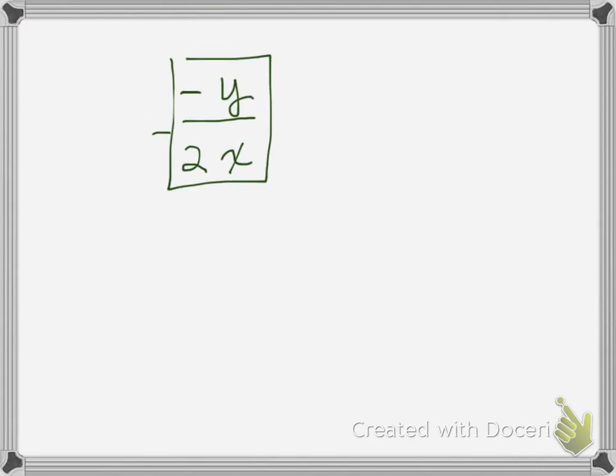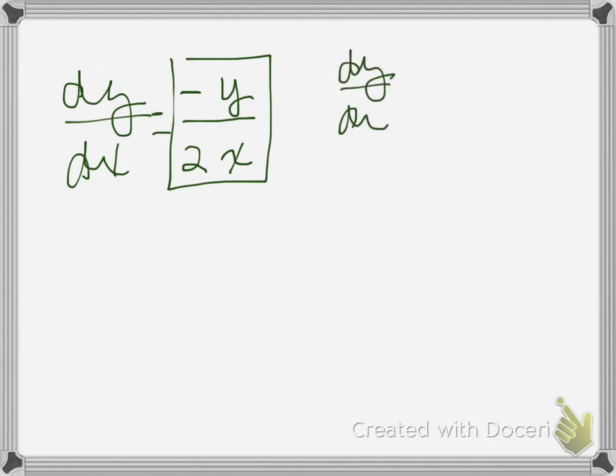Okay, so this is my dy/dx equals this. Alright, so why don't I say what is dy/dx for the first problem where x is 4 and y equals 1/2. Okay, so that's the first one.